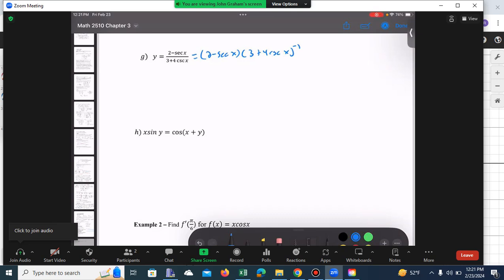So first we'll keep the 2 minus secant x constant, take the derivative of the harder one. The derivative of this, we'll start with the outside, negative 1 times 3 plus 4 cosecant x to the negative 2. And then the inside, derivative of cosecant x, remember, is a negative cosecant cotangent x.